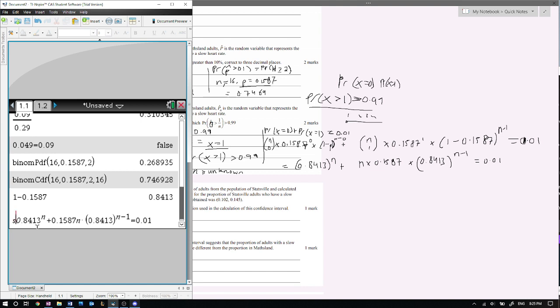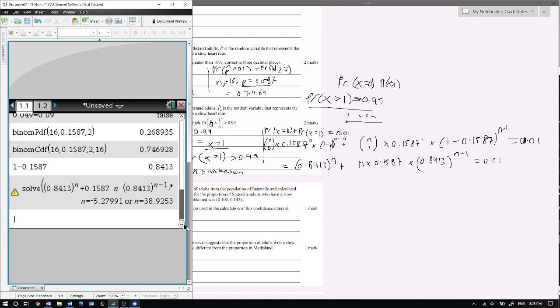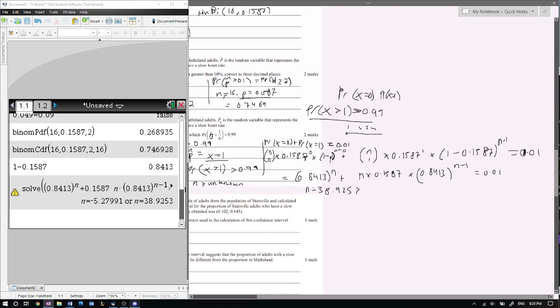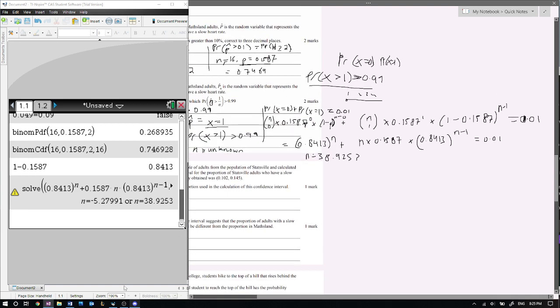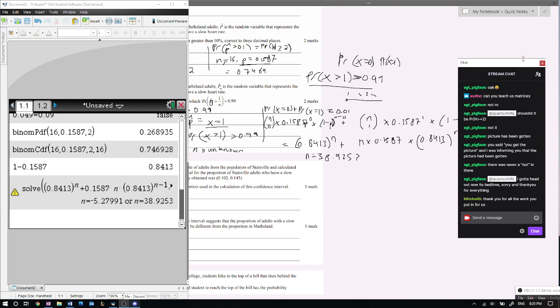Oh, I forgot to put in solve for n. And then we get n is either equal to negative, but we know you can't have a negative population, so straight away we take that out. And n is equal to 38.9253. But you have to be careful here because 38.9253 is a decimal, and you can't have a decimal population, right? You can't have a decimal of a person.